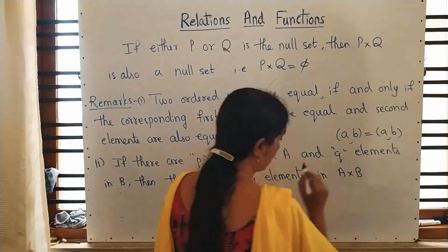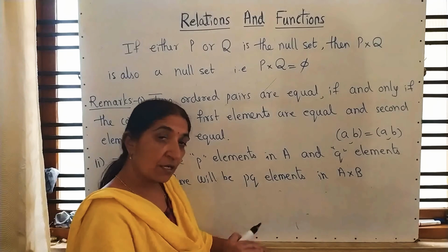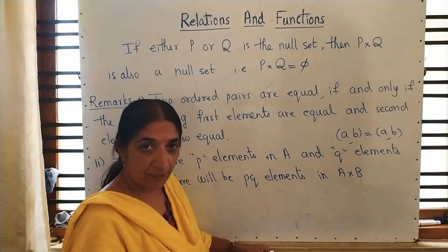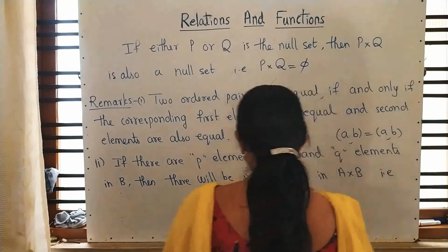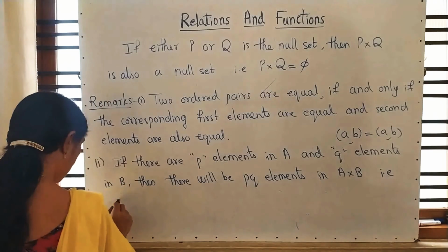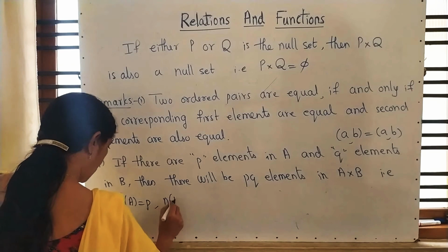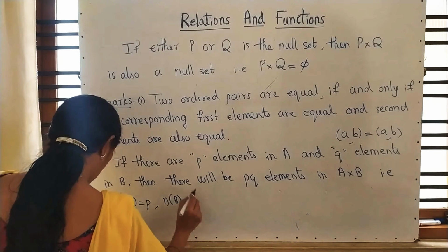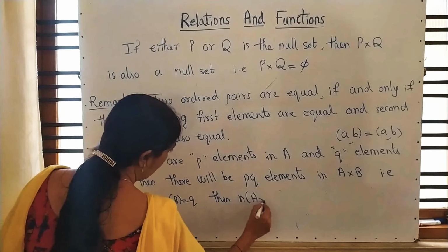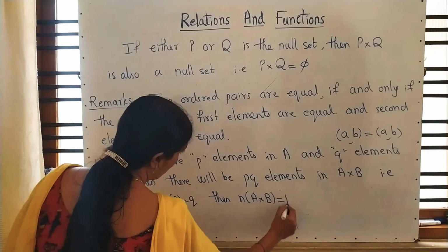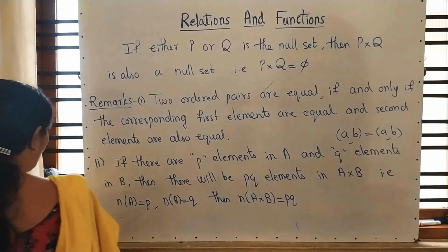In the first example I explained, if A has 3 elements and B has 2 elements, A cross B has 6 elements. That is how you write the number of elements: n(A) is equal to p, n(B) is equal to q, then n(A cross B) is equal to pq. Correct or what? Yes. Moving to the next one.